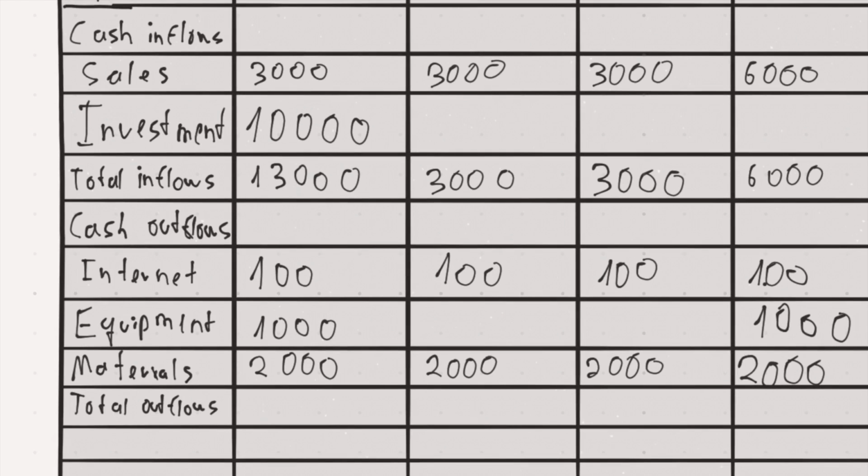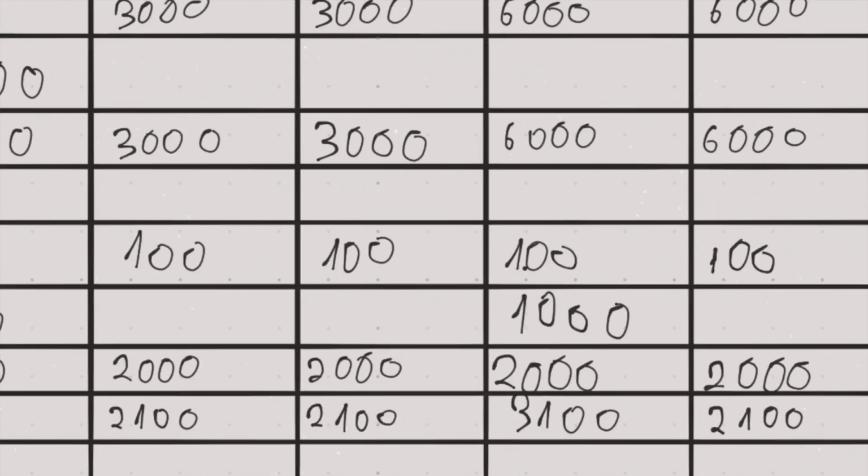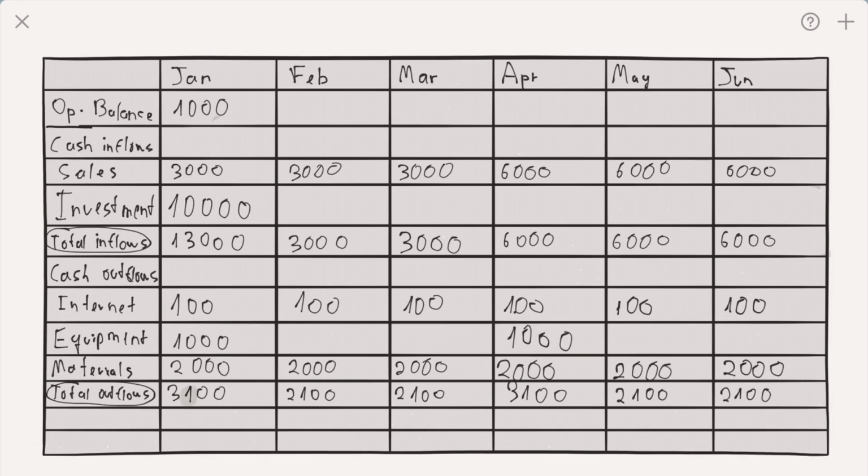The total outflows are the sum of each outflow for every month. So now that we have our total inflows as well as our total outflows, let's calculate the net cash flow, which is our total inflows minus our total outflows.